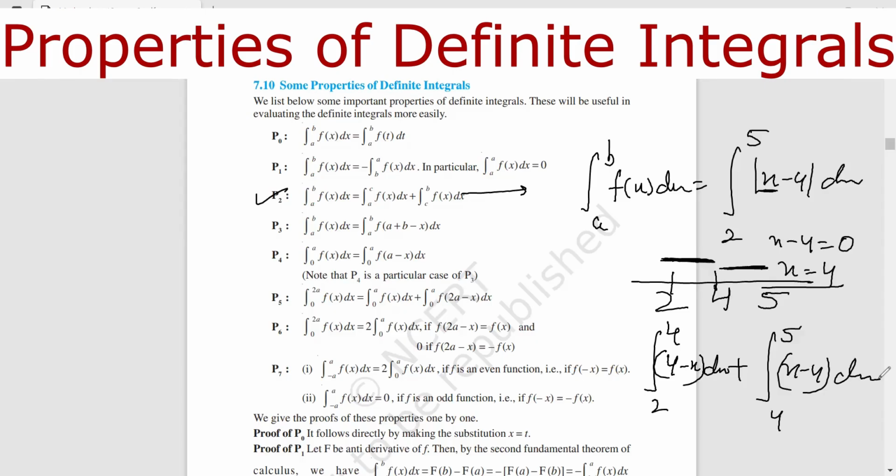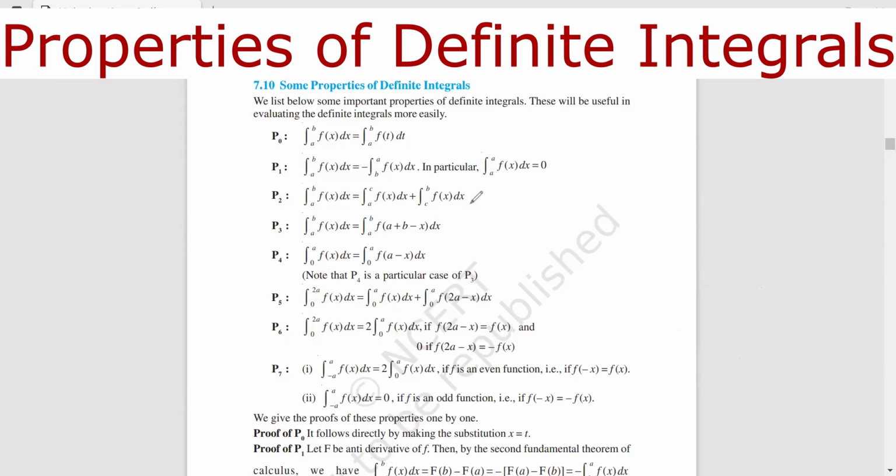So this property tells us that if in between a and b I find a number c, then I can split my limit into two parts. A to c, the function remains the same. C to b, the function remains the same. This is the third property.